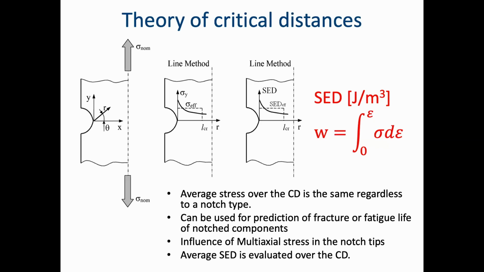The relation is here. The original idea of the theory of critical distances is that the average stress over the critical distance is the same regardless of notch type.